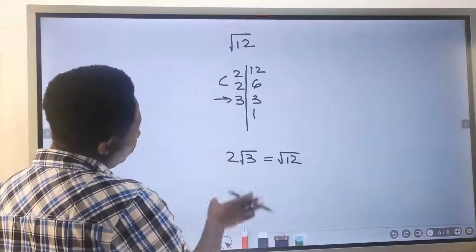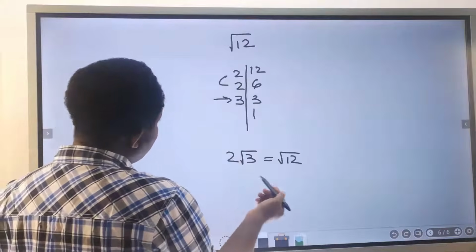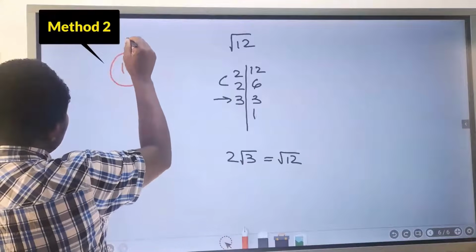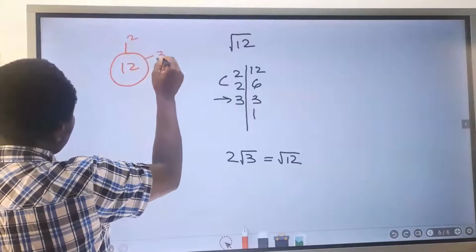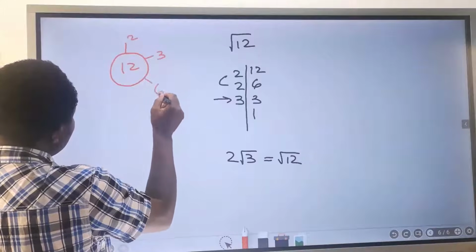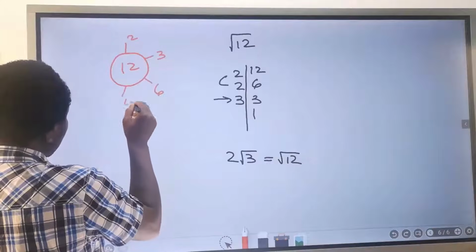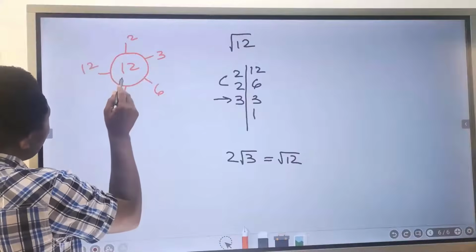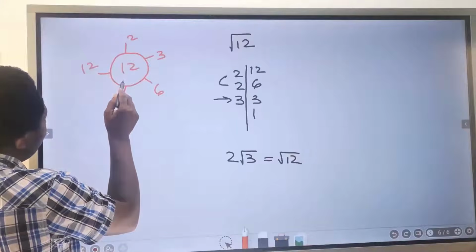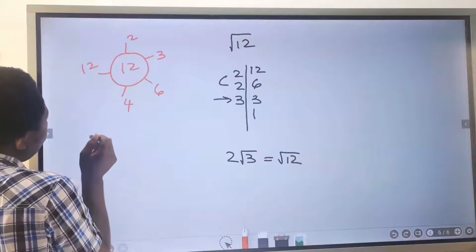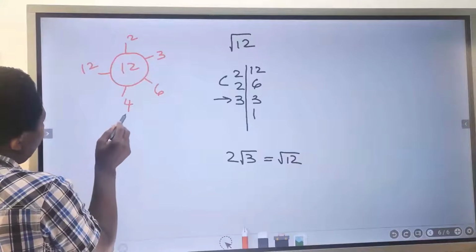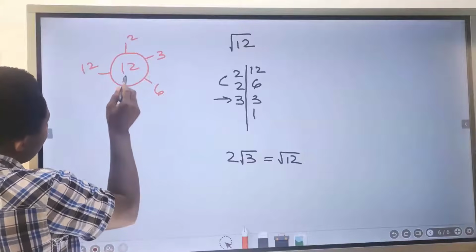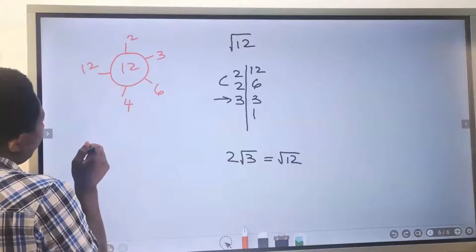Another way you can do this is thinking of all the factors of 12. We have 2, we have 3, we have 6, we have 4, and we also have 12. 2 can go into 12 without a remainder. 3 can go into 12 without a remainder. 4 can go into 12 without a remainder. 6 can go into 12 without a remainder.